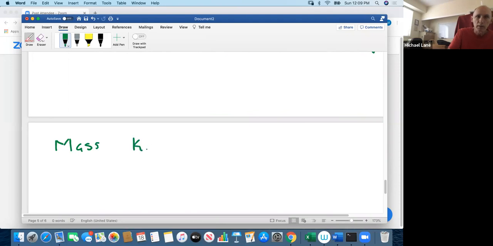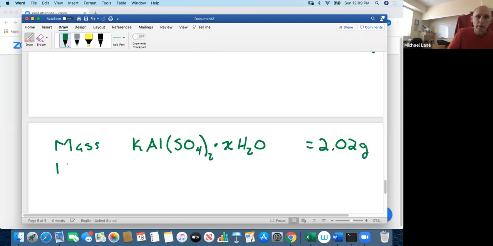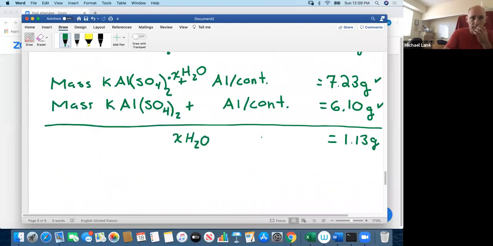The mass of the potassium aluminum sulfate hydrate, the alum, 2.02 grams. The mass of just the water, what did we say it was? 1.13 grams.